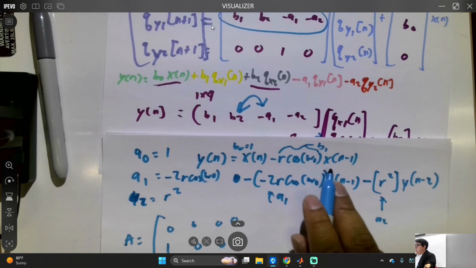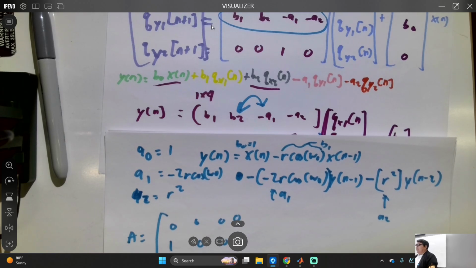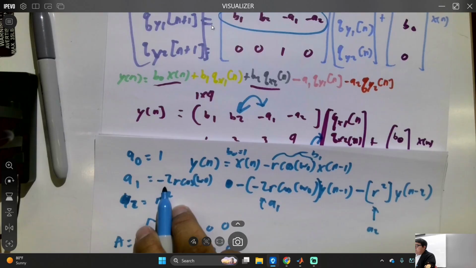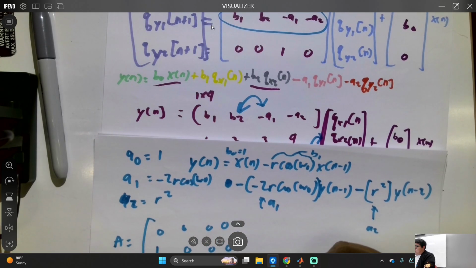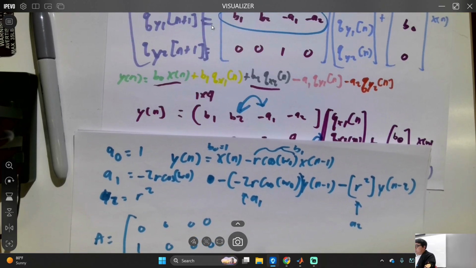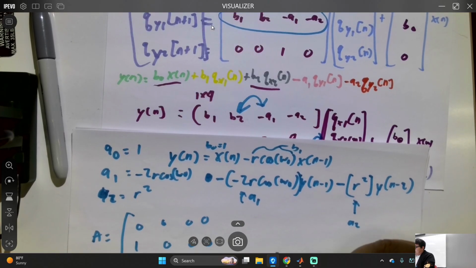I don't have a B2. So you know what I'm going to do? 0. Minus A1. So I'm going to put a minus. What's A1 equal to? Minus 2r cosine, so I'm going to put plus 2r cosine omega naught. And then what is minus A2? It's going to be r squared.